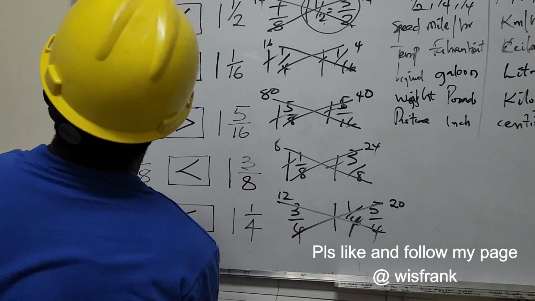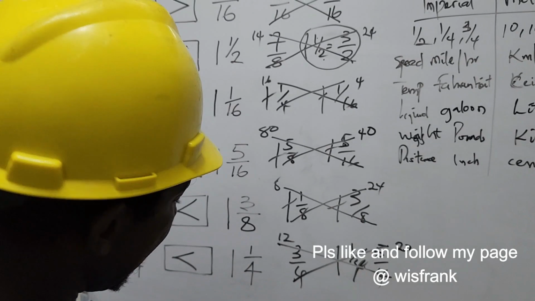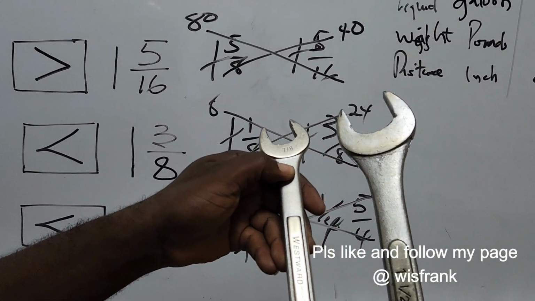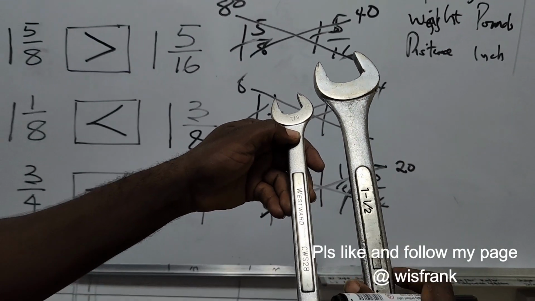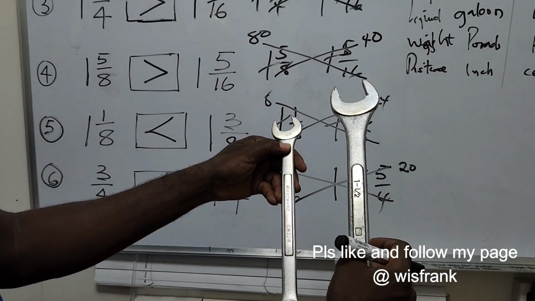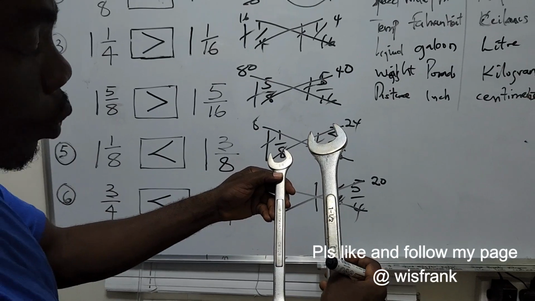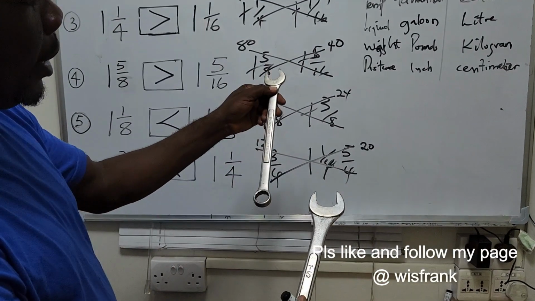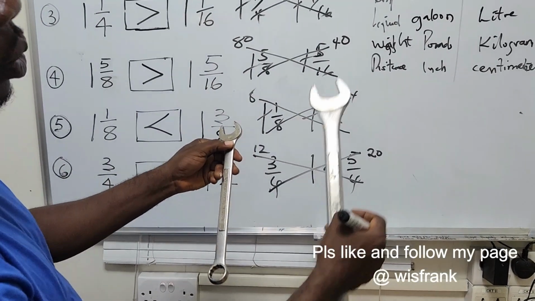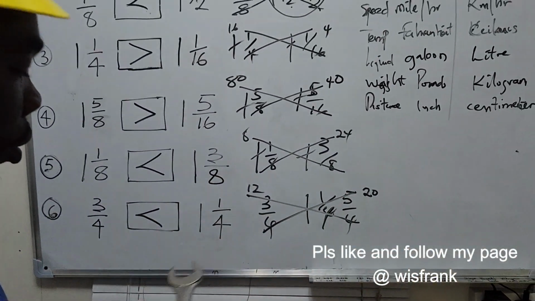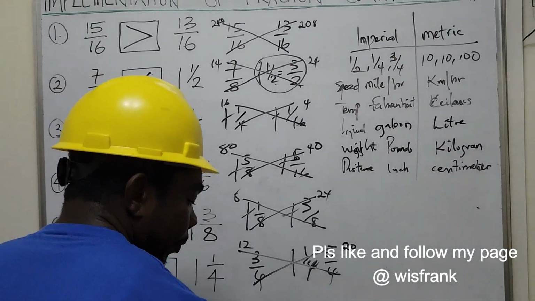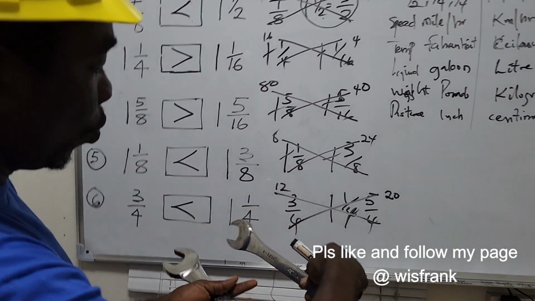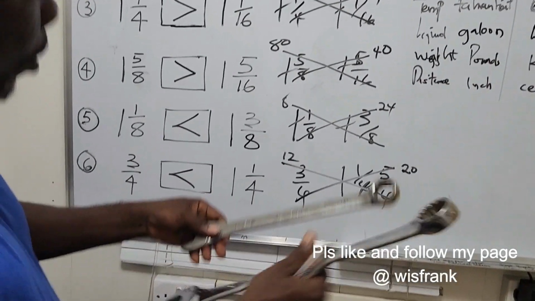Then the second one is 7/8 here and 1 1/2. Physically, from our video here, we can see that 1 1/2 is greater than 7/8, which means 7/8 is less than 1 1/2. So the third one is 1/4 and 1/16. The two spanners are here.